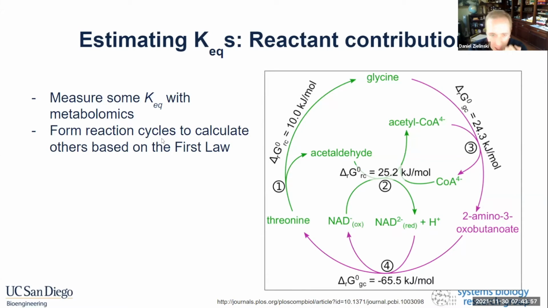The majority of reactions still haven't had their KEQ measured. And so oftentimes you can build reaction cycles, for example. As long as you build a complete reaction cycle such that there's only one unknown, everything else was measured, and everything is connected, then you can use the first law, energy conservation, to guess what that last remaining piece is. That's one way.